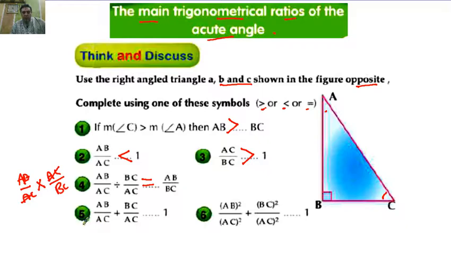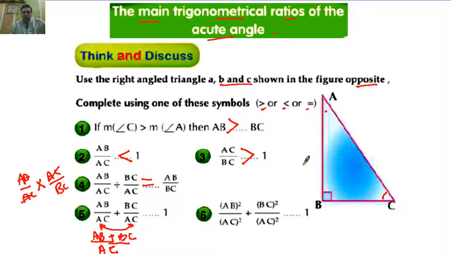Number 5, AB over AC plus BC over AC. We notice the common denominator, we take one of them, AC, and add the numerators, AB plus BC.